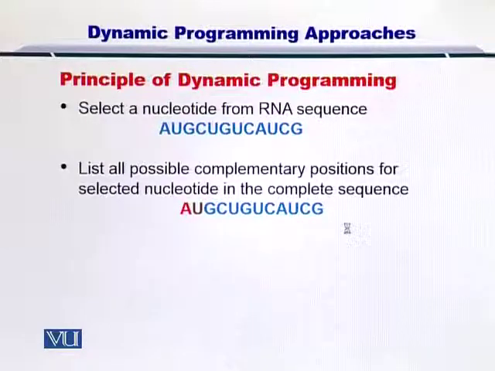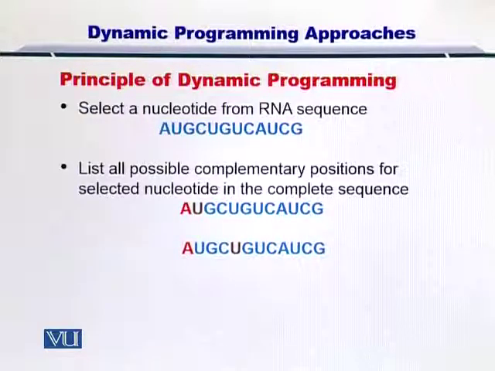And the RNA structure that can be formed will have A bonded with U, and of course G, C, U, G, U, and so on and so forth. In this case, there is only one bond that we are considering. Let's take a look at another example.